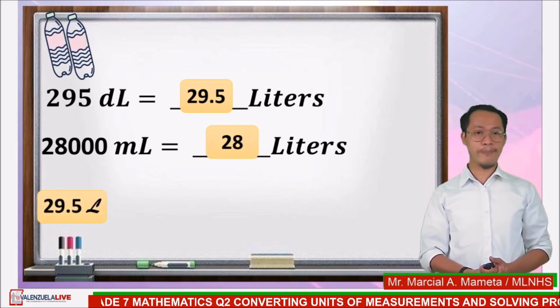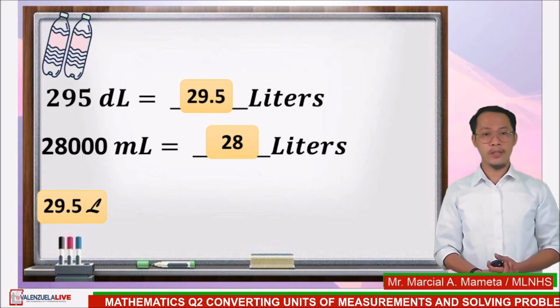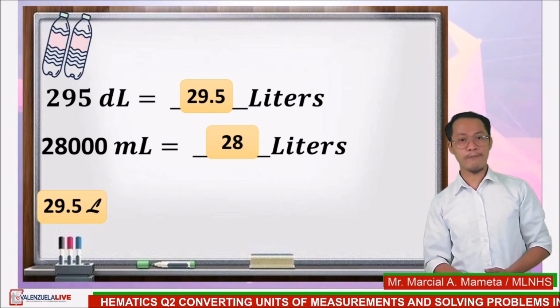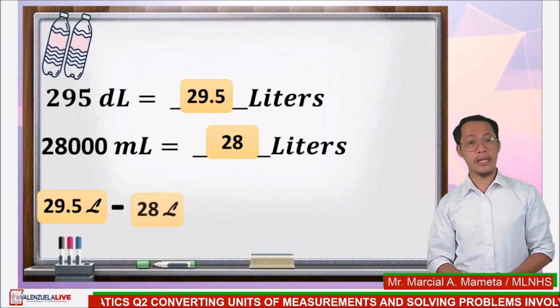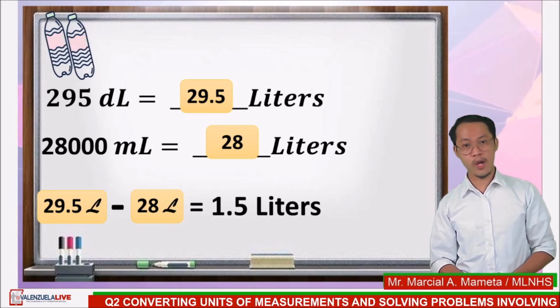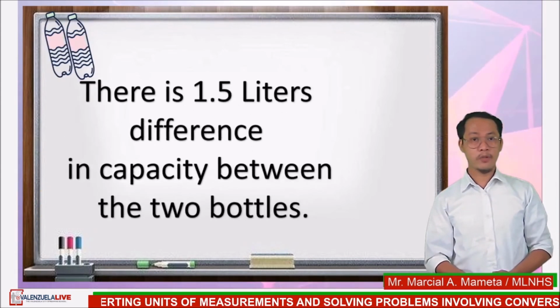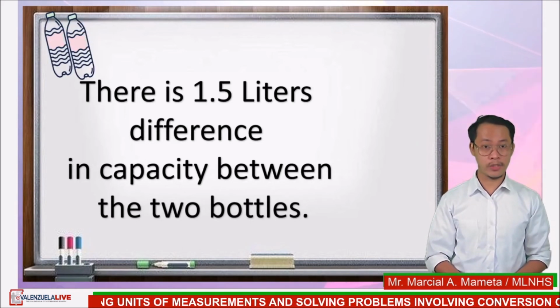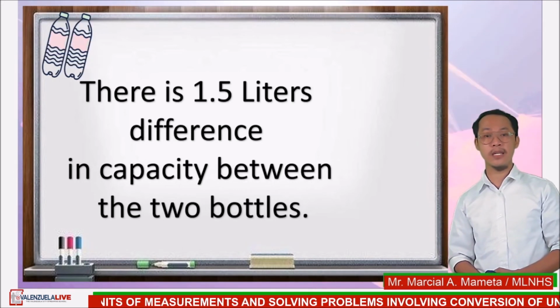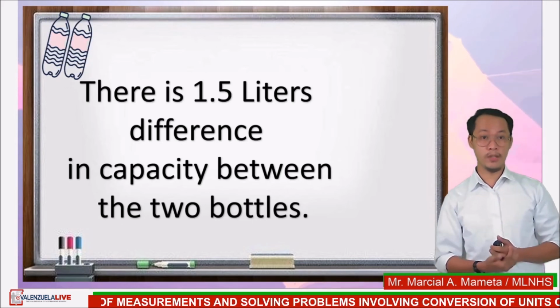So again, 29.5 liters, the same with the other solution. 29.5 liters minus 28 liters is also equal to 1.5 liters. So therefore, we conclude that there is a 1.5 liters difference in capacity between the two bottles.